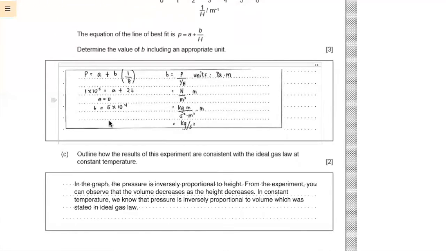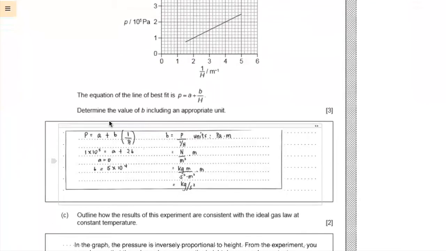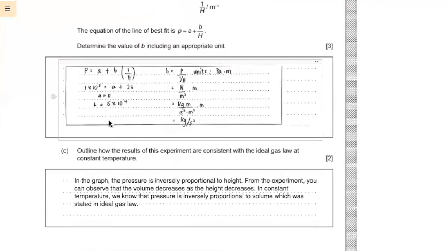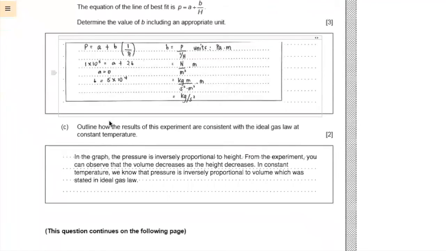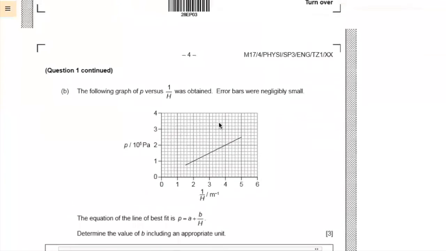Outline how the results of this experiment in part C are consistent with ideal gas law at constant temperature. So the constant here is the temperature, and how can we prove that this is ideal gas law? In the graph, we can say that the pressure is inversely proportional to the height.